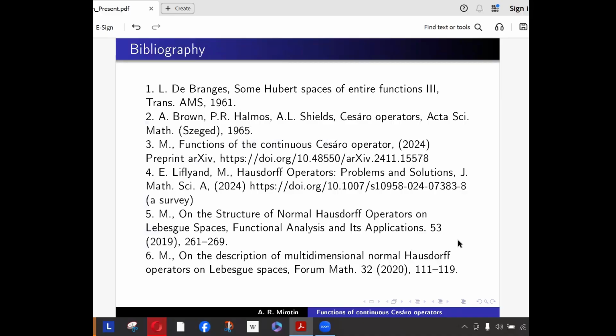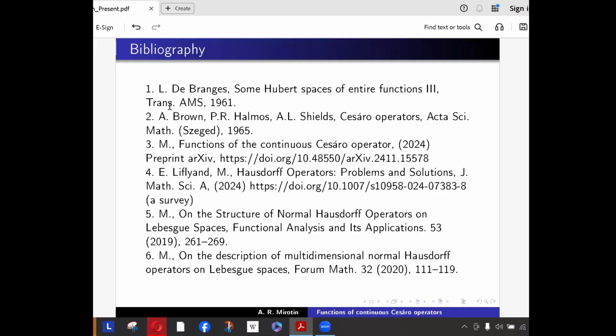And here I want to discuss some bibliography. The first item here is the paper of Brunner, 1961, where in particular, the operator C1 was introduced.